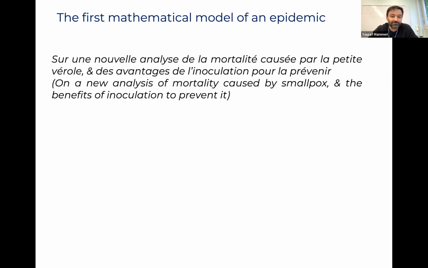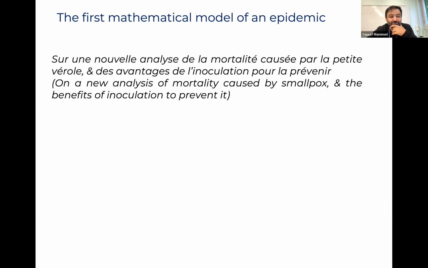Let's start with some history of mathematical models of epidemics. I think most of you have learned some French. This is what we consider the first mathematical model of epidemics.